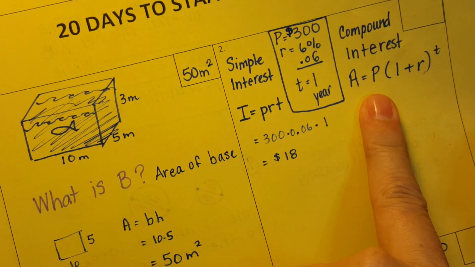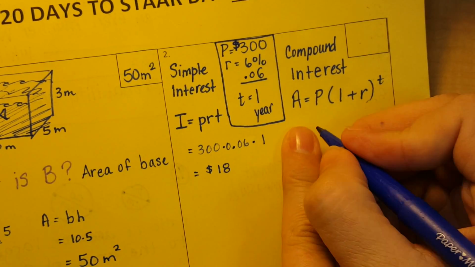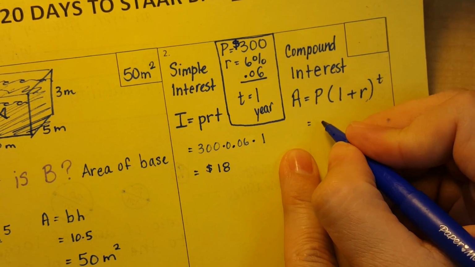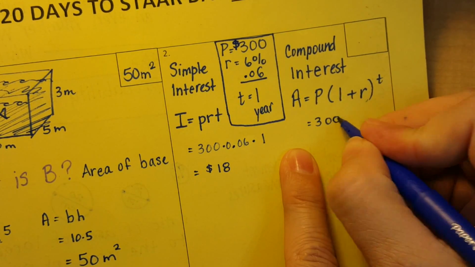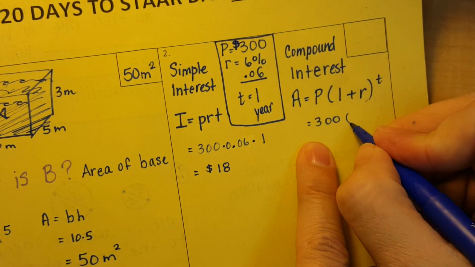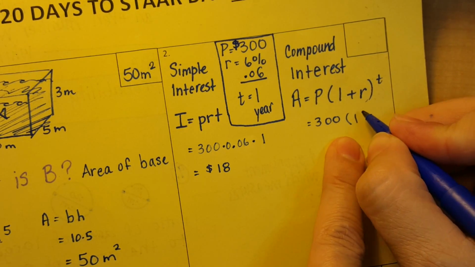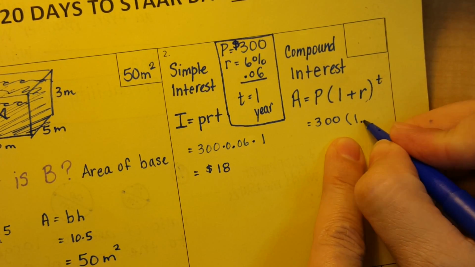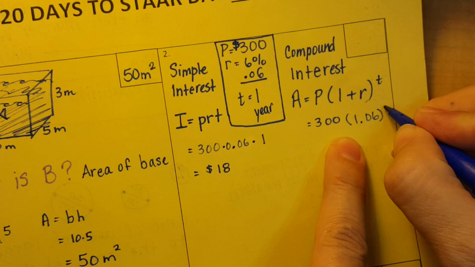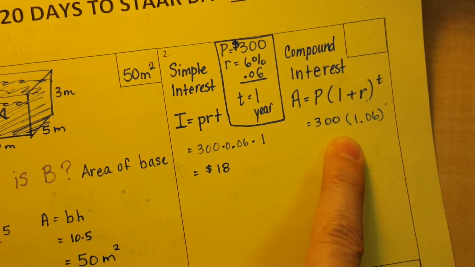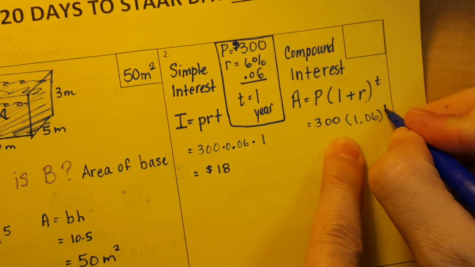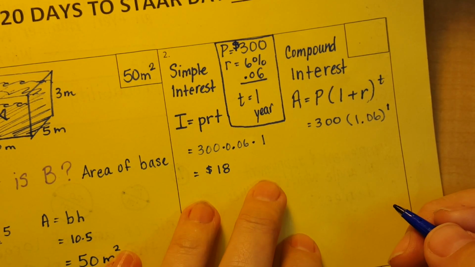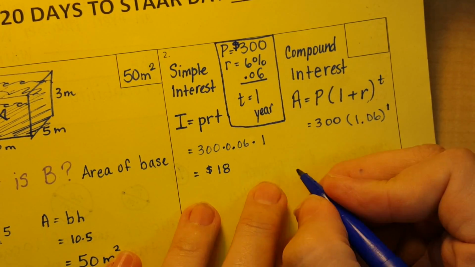And then the amount in the account is equal to the principal, which is 300, times 1 plus the rate, which would be 1.06, to the 1 power.